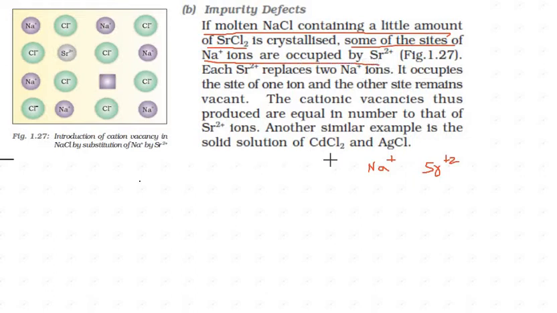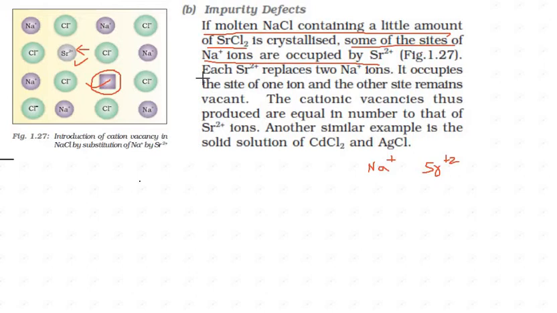Because it is plus 2, it requires two sites, so two sites need to be vacant. This site gets vacant and this site also gets vacant, while in one site Sr plus 2 gets accommodated, and the site where the vacancy is created remains empty.